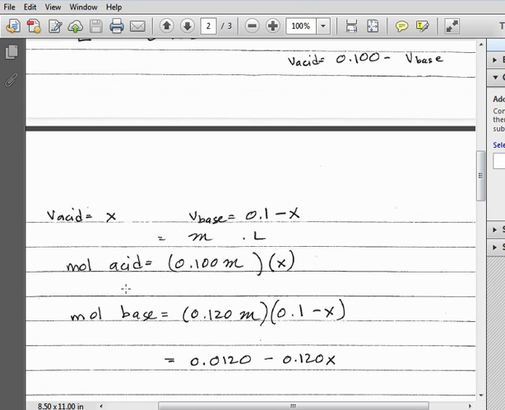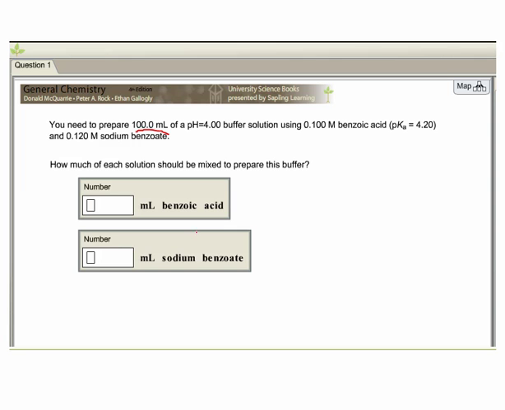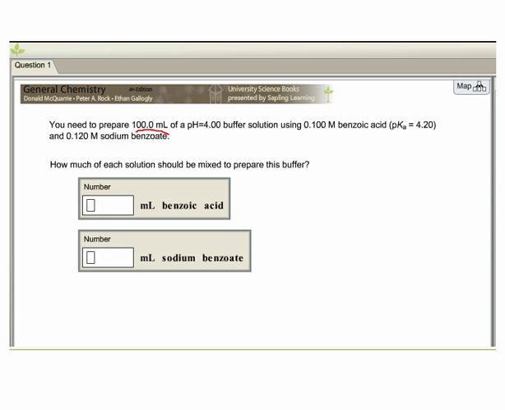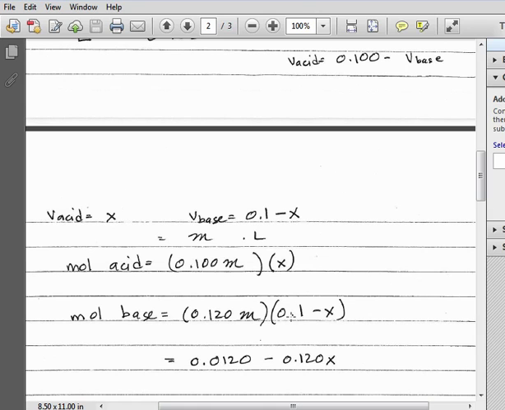My moles of acid is going to be 0.1 molar, that's the molarity that was given to me, times the volume, which I'm calling X. And my moles of base is going to be its molarity, 0.120 molar, again, that's what I was given, times its volume, which is going to be 0.1 minus X. And then I distribute my 0.12 over the 0.1 minus X, and I get 0.0120 minus 0.12X.